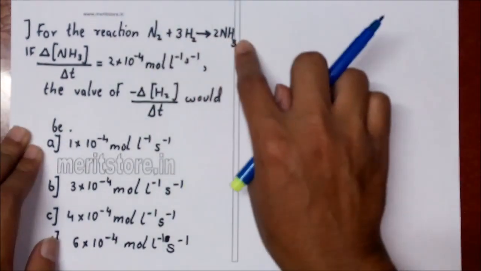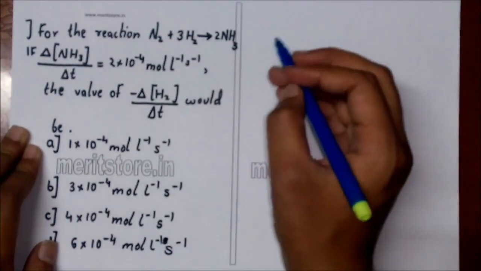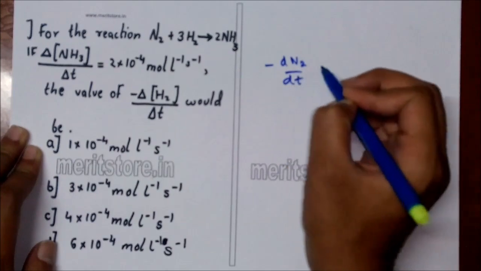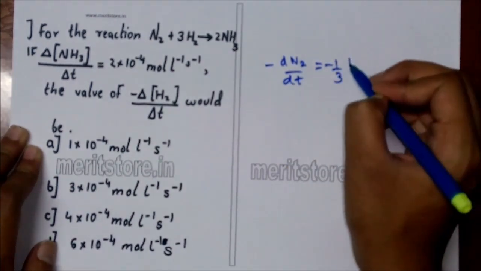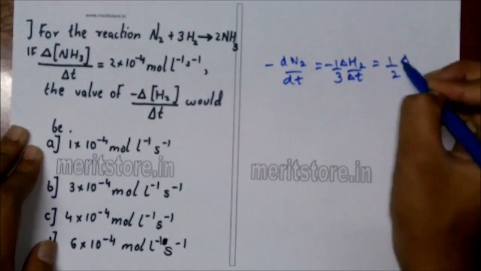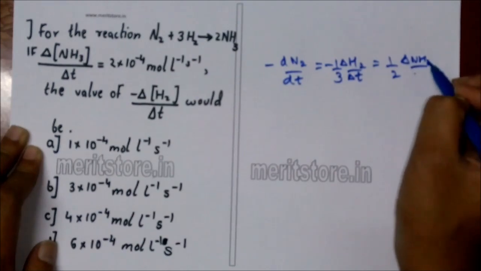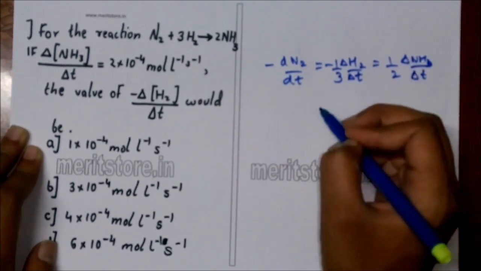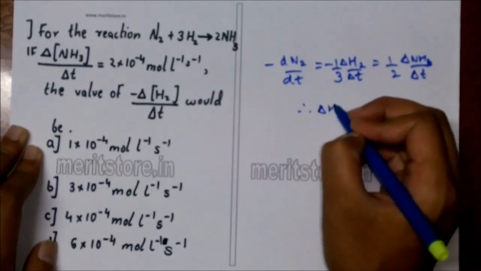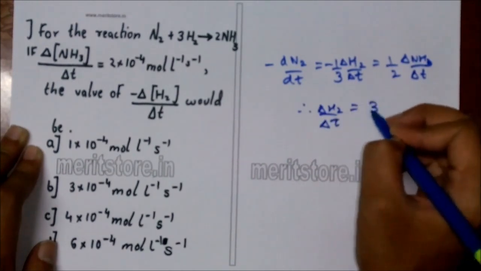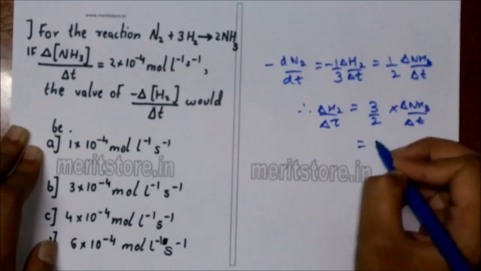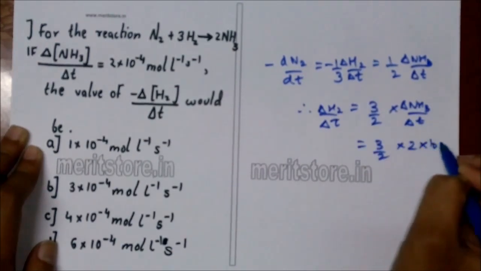So in the given reaction, we can write the rate as minus dN2 upon dt, which is equal to minus 1 upon 3 d hydrogen by dt, which is equal to half d ammonia by dt. Therefore, d hydrogen upon dt is equal to 3 by 2 into d ammonia upon dt, which is equal to 3 by 2 into 2 into 10 raised to minus 4.